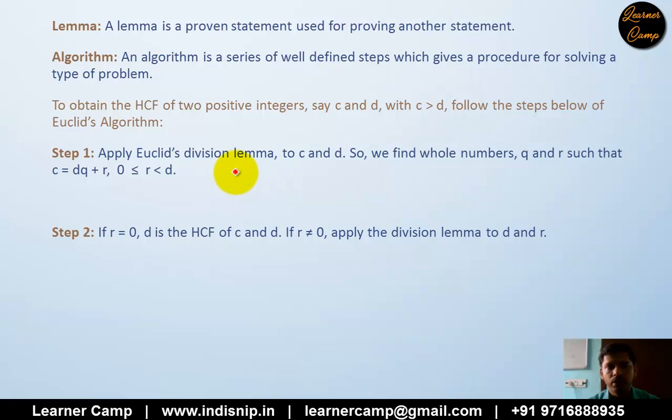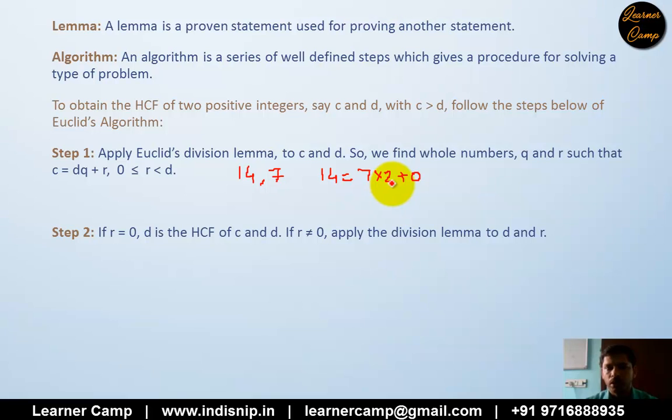Let us try to understand it by taking a small example. Suppose we have to find the HCF for two positive integers, say 14 and 7. We can write it like this: 14 equals 7 multiplied by 2 plus remainder 0.